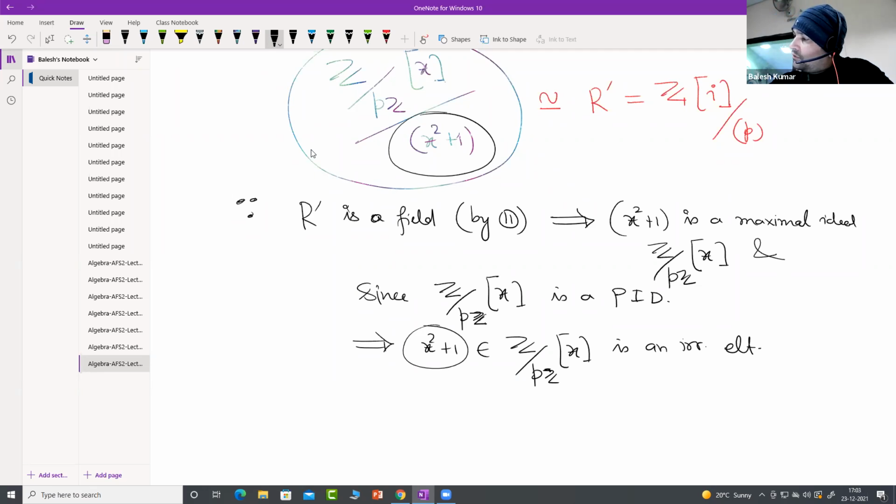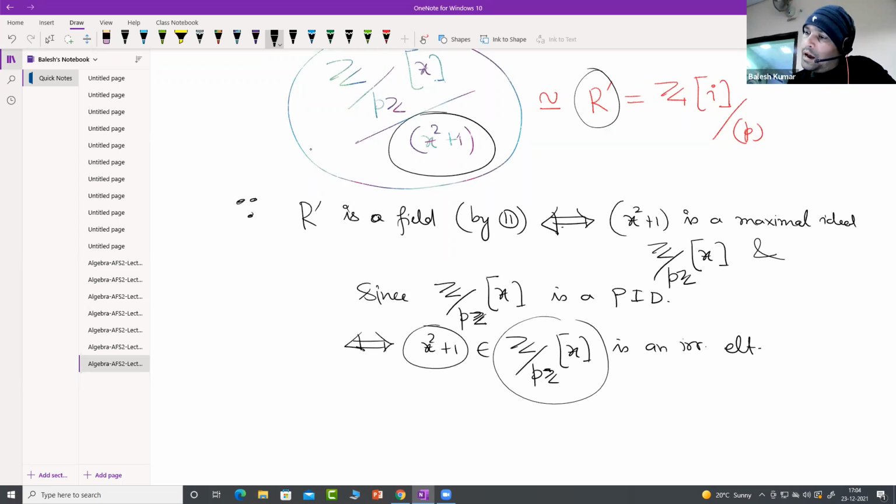And now I think the converse is also obvious: if you have an irreducible element inside this ring, the ideal generated by it will be a maximal ideal. So this quotient will be isomorphic to R dash, and therefore R dash is a field, because if you quotient by a maximal ideal, that will be a field. So the converse is also obvious.